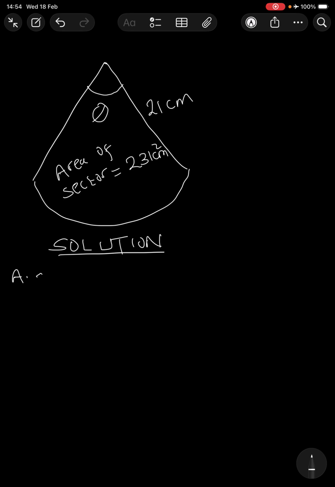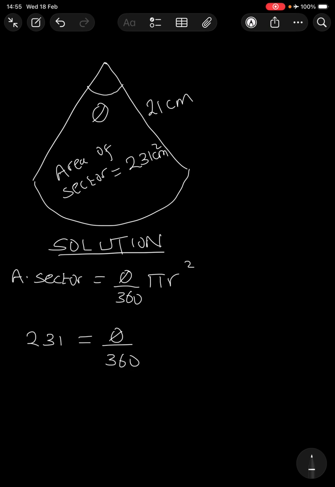Area of a sector is equal to theta over 360 pi r squared. After that, substitute. So area of a sector, 231, is equal to our theta over 360 times pi, 22 over 7, times radius, which is 21 times 21.